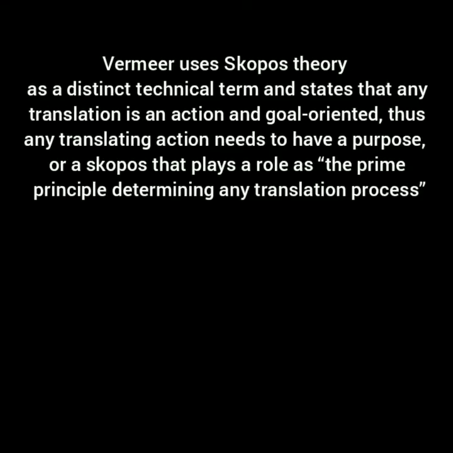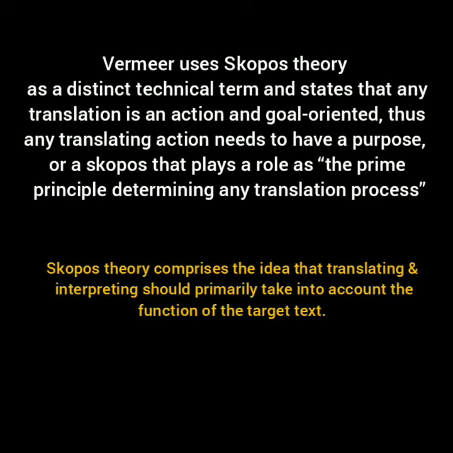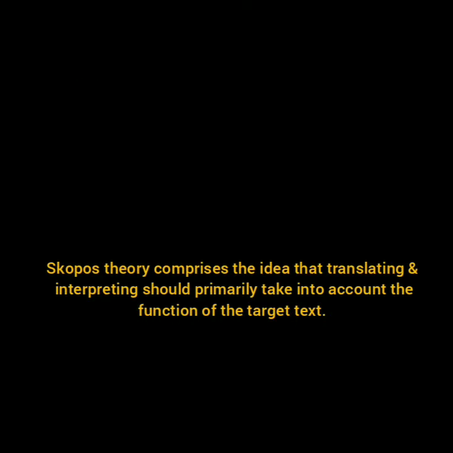So Vermeer uses Skopos theory as a distinct technical term and states that any translation is an action and any translation is goal oriented. Thus, any translating action needs to have a purpose. So this theory comprises the idea that translating and interpreting should primarily take into account the function of the target text. It means that here target text is of vital importance.